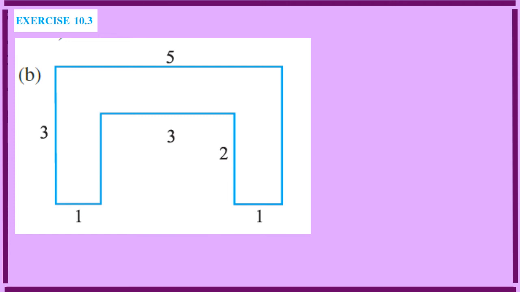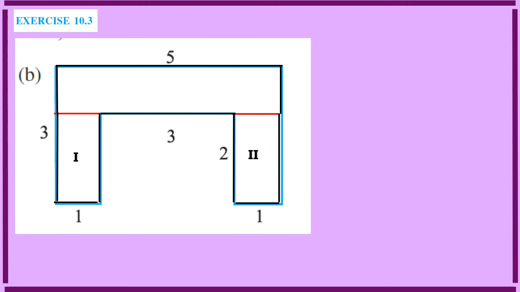So how can I split them? Yeah, I split like that. So this is one rectangle, this is the second rectangle, and that is the third rectangle. 3 rectangles I got. Now here, this total length is given as 3.